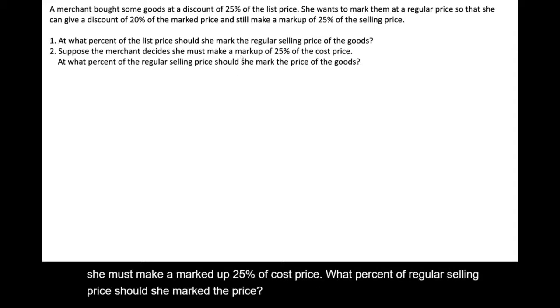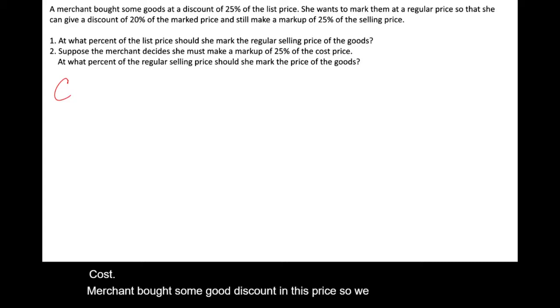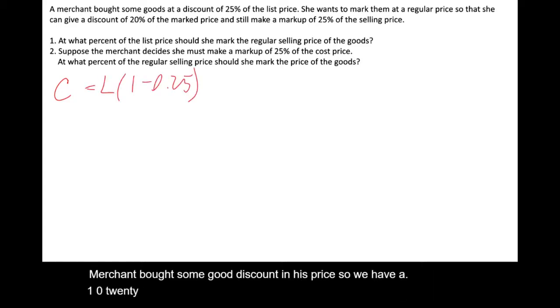Okay, so we need the regular selling price. Let's see what we have first of all. Okay, cost. Merchant bought some goods at a discount from list price. So we have L1 minus 0.25. That's cost.